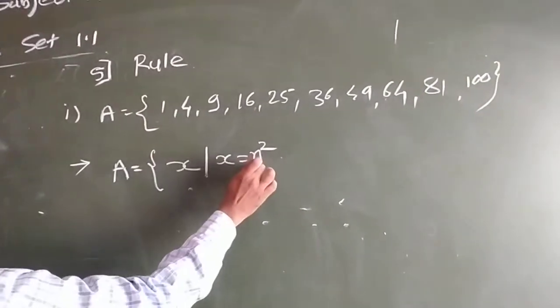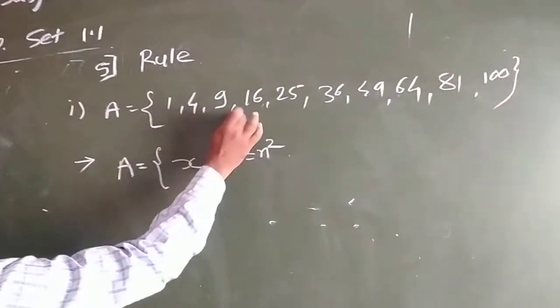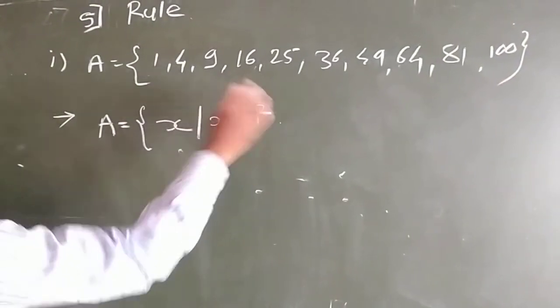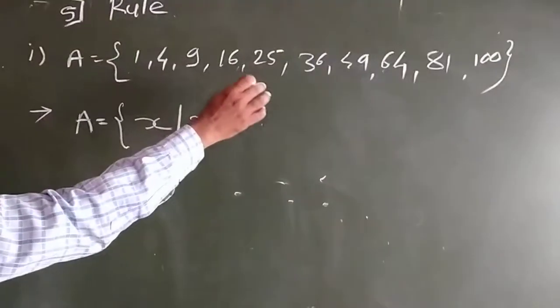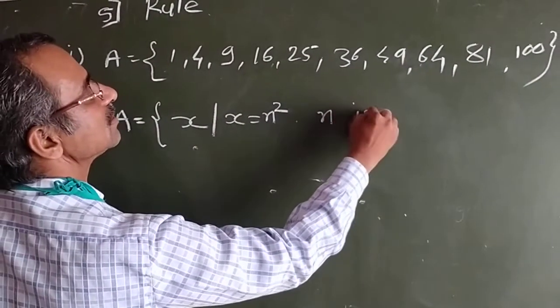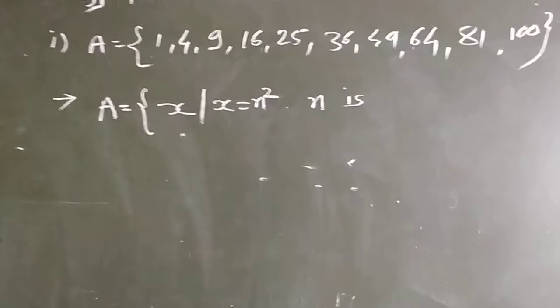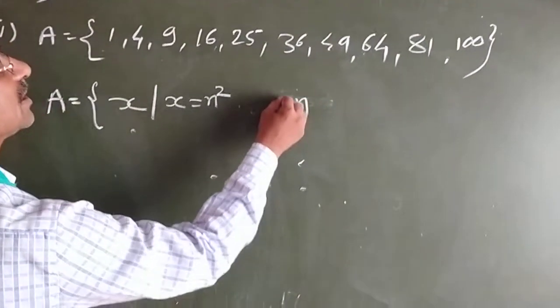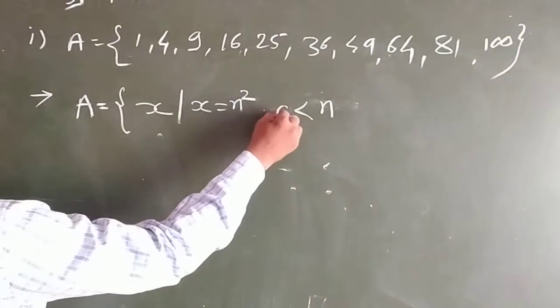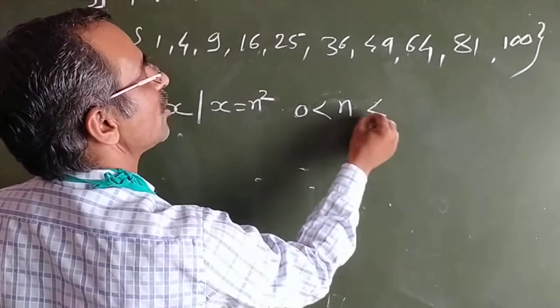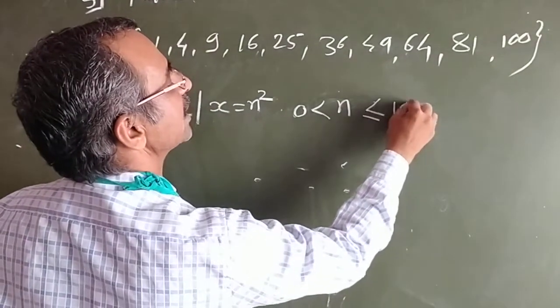We take any number, and this number's square. x is equal to n square. And what is n? n is greater than 0 and less than or equal to 10.